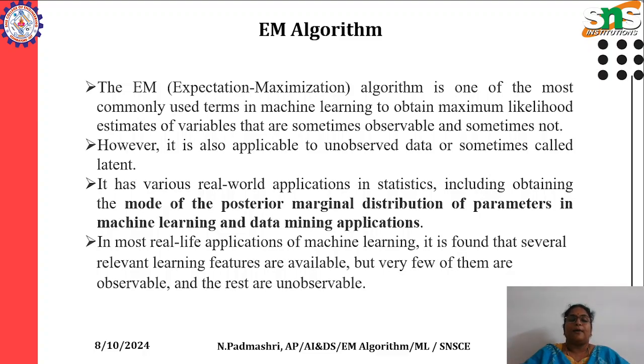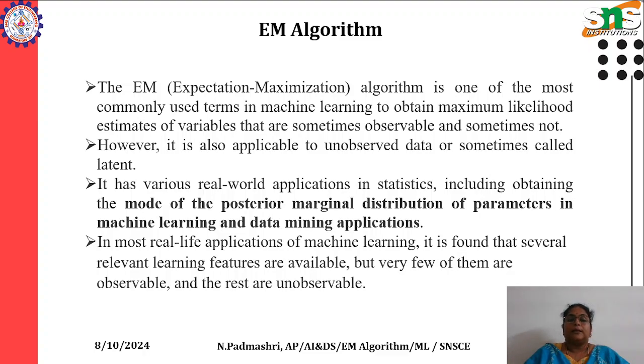Real life applications of machine learning are mainly used in many fields like data mining applications, where relevant learning features are available, but very few of them are observable, and the rest are unobservable data.